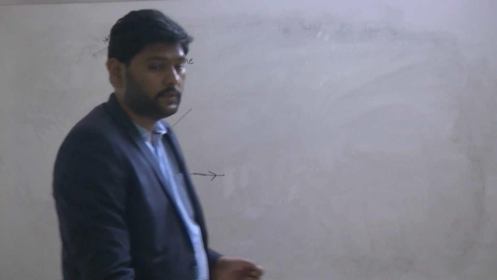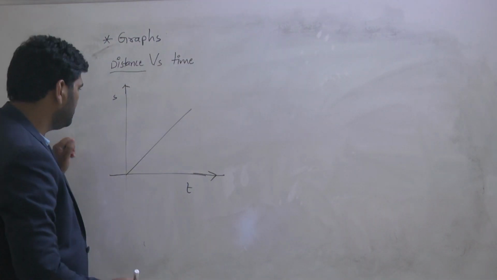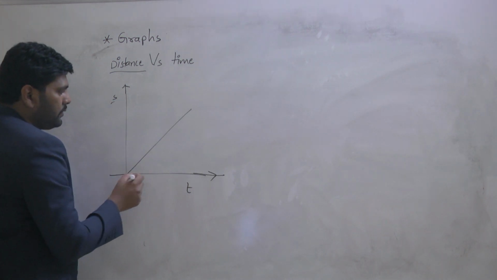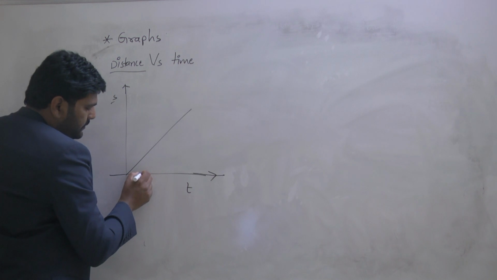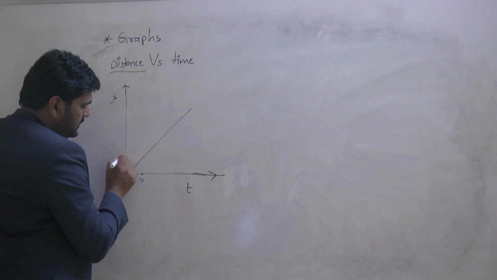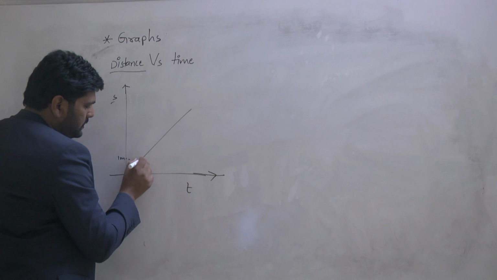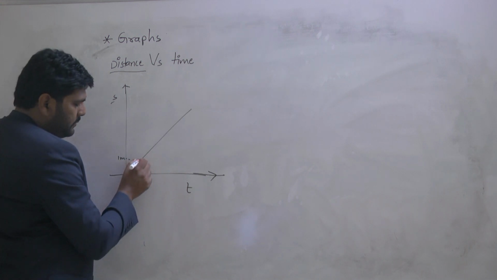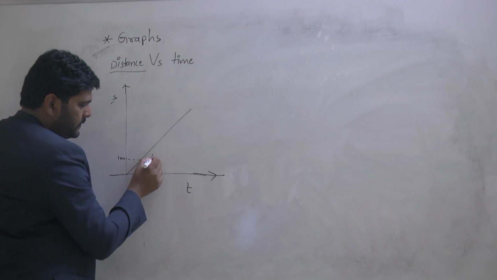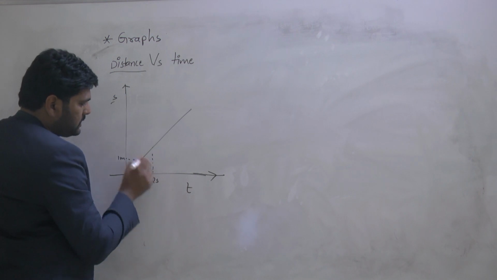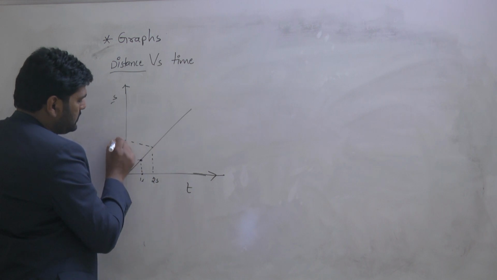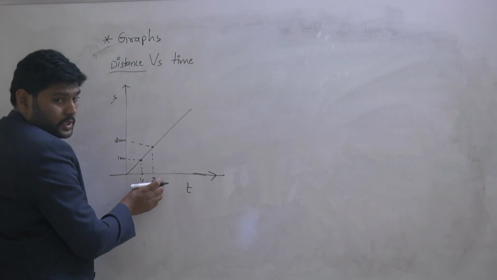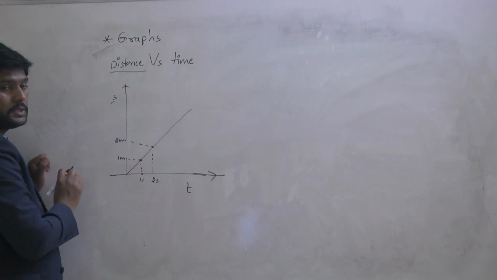Observe how you can get this graph. Suppose this is 1 second and this is 1 meter, so in 1 second, 1 meter is traveled. Same way, this point indicates that in 2 seconds the object traveled 2 meters.